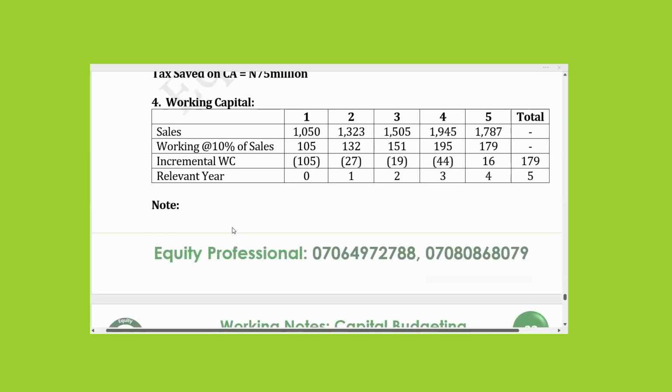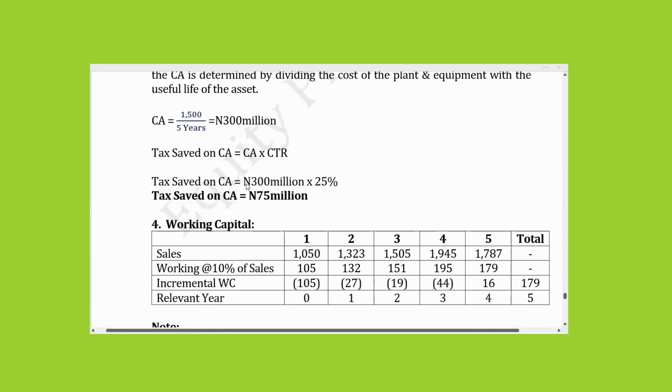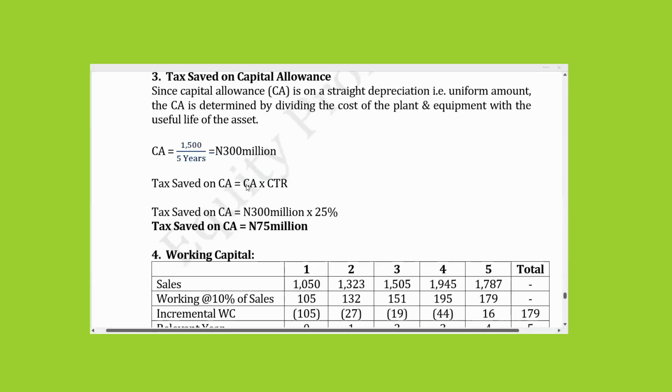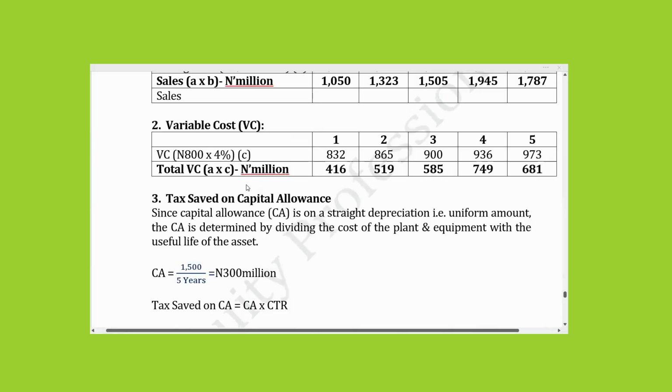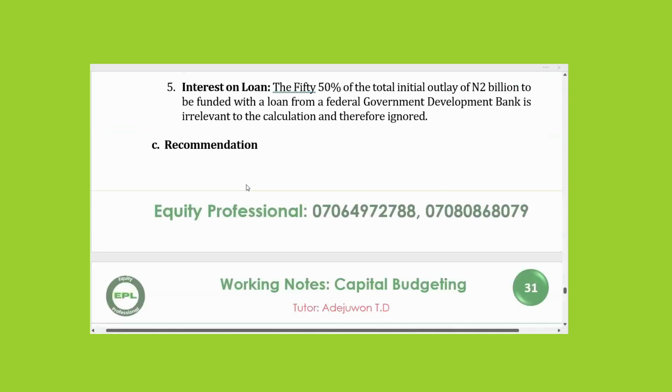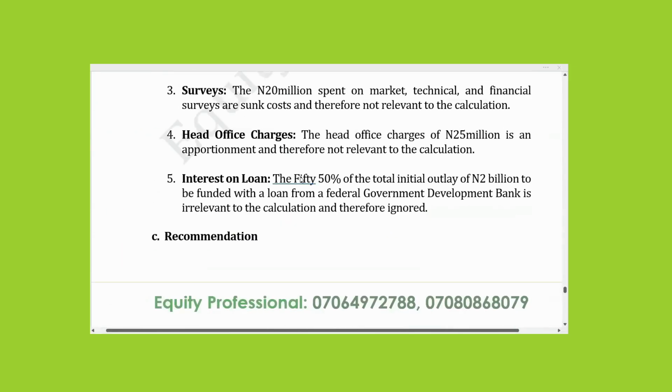Okay, sir. I didn't get that part. The reason why we excluded the interest rate from the federal government bond to be as part of the fund. The interest, you are told there is an interest of 50% on the 2 billion. When you multiply 50% on 2 billion, that will give 1 billion naira, right?